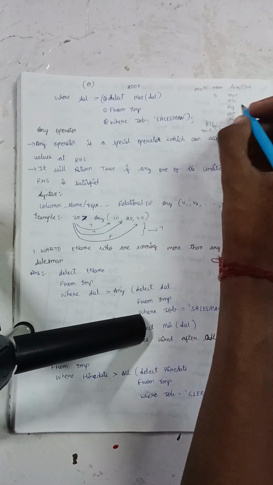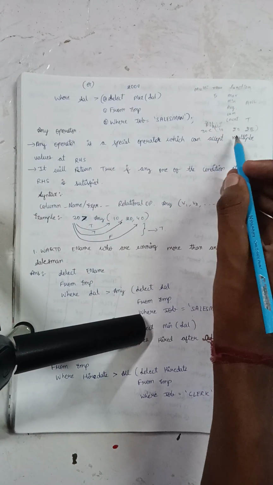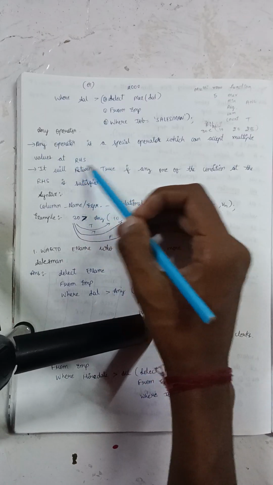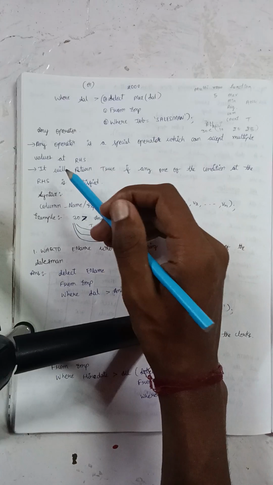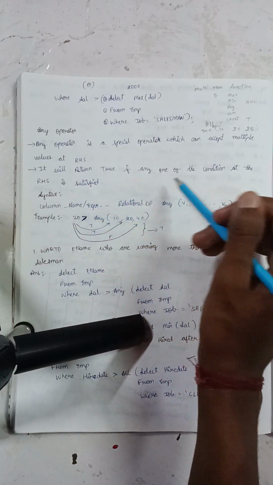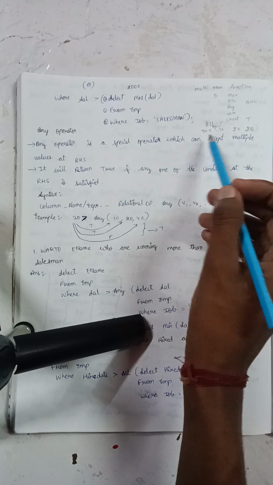In any, if even one is true, then it can be accepted. So it can accept multiple values at RHS, and if any one of the conditions at the RHS is satisfied, then it can return true.